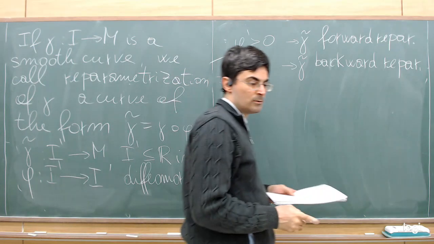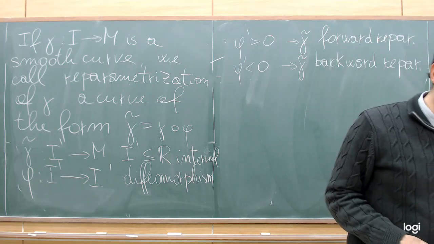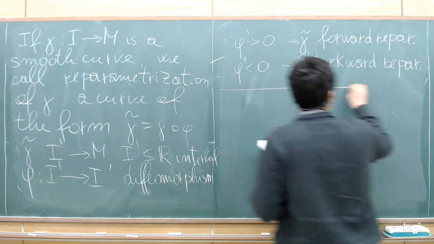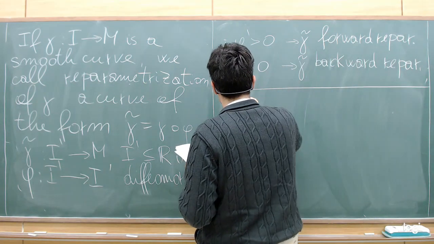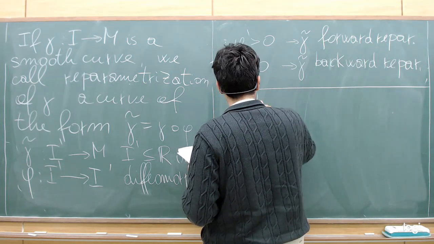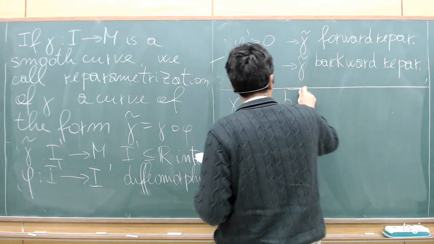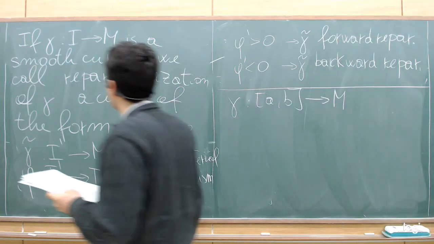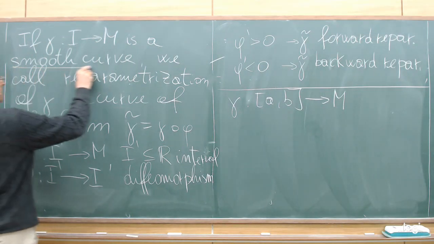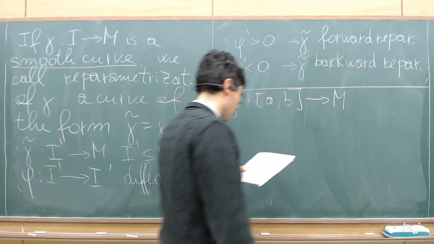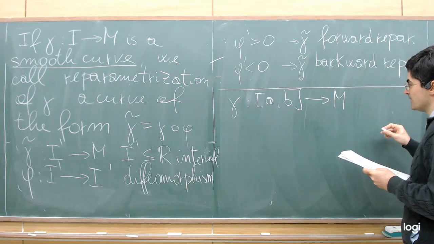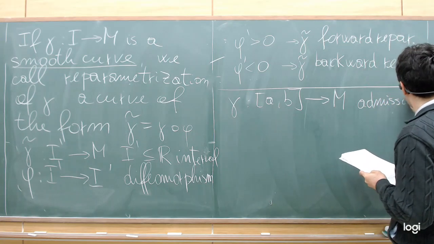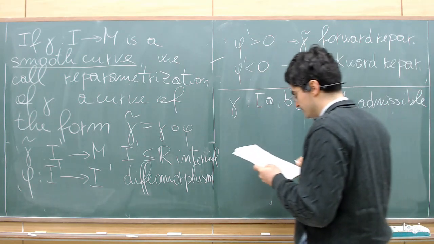Now let's give the definition of reparametrization of gamma in the case where gamma is an admissible curve. The definition I gave before works for smooth curves. Let's see what happens if gamma is an admissible curve.